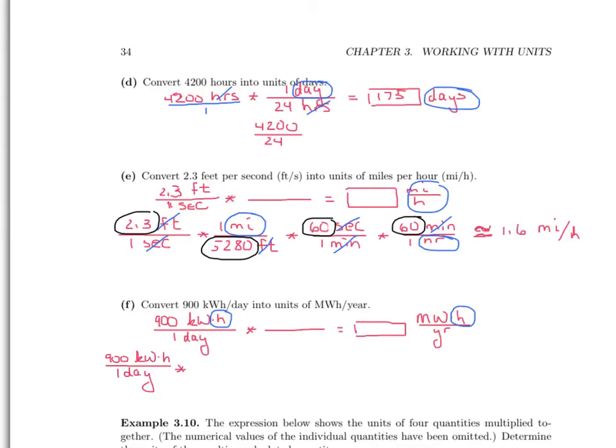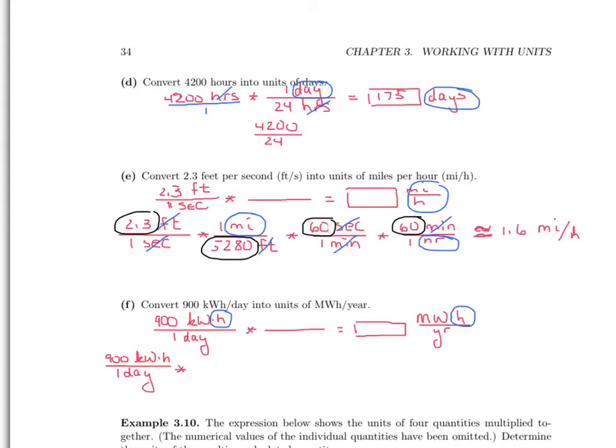So first of all, let's deal with the kilowatts. We know we do not want kilowatts in our final answer, so we need a conversion factor that will eliminate kilowatts. The simplest conversion factor that we know is that 1 kilowatt is the same as 1,000 watts.